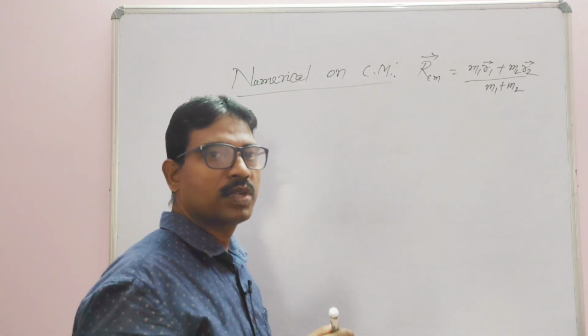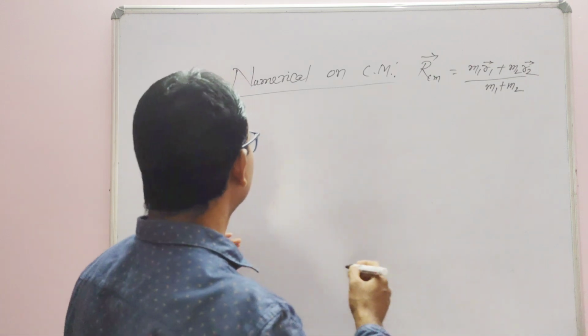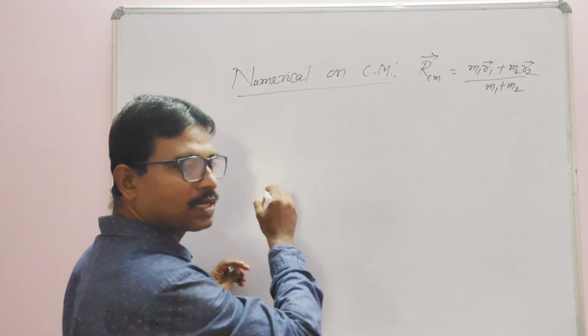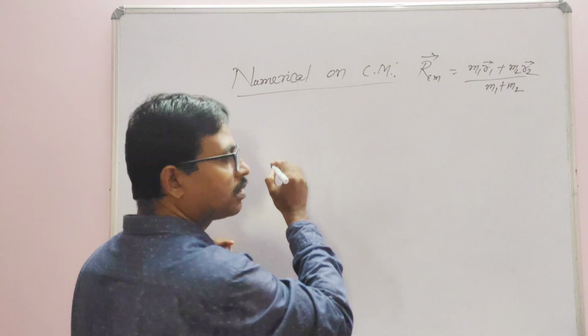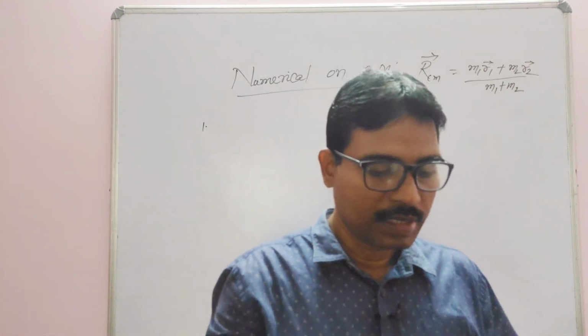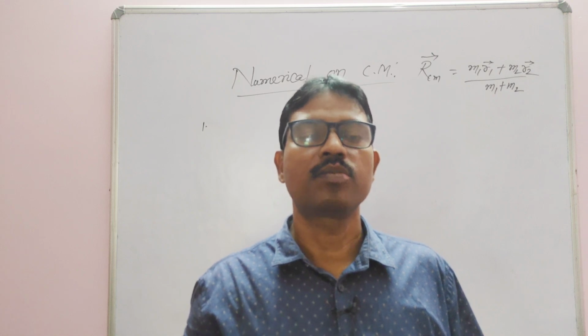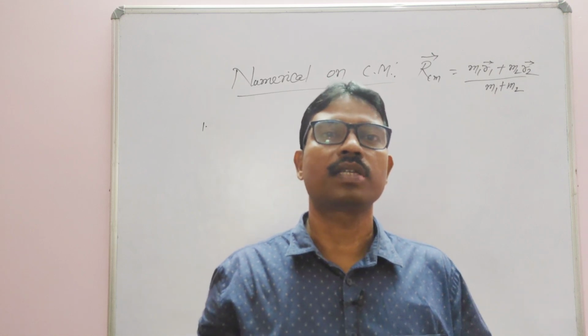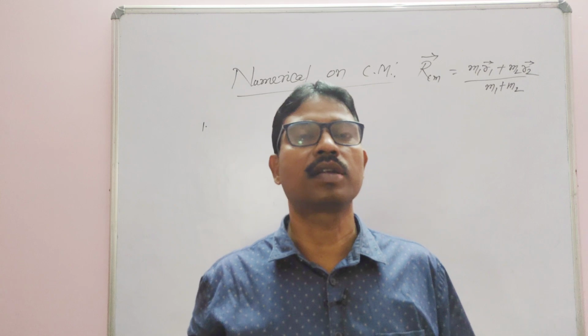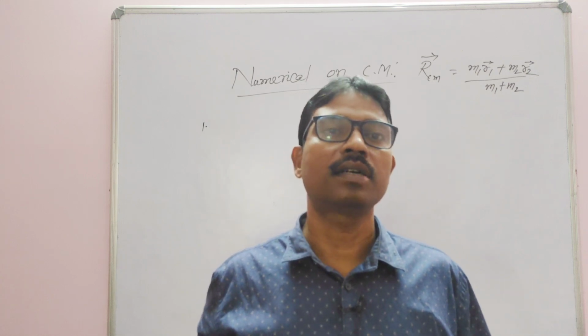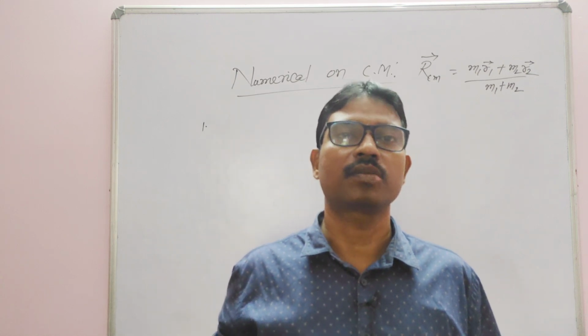So today's numericals are based on center of mass. First one: consider 3 particles of masses. Listen to the question. 3 particles, M1 1 kg, M2 2 kg, M3 3 kg are placed at the 3 corners of an equilateral triangle. Find the coordinates of the center of mass of the system.